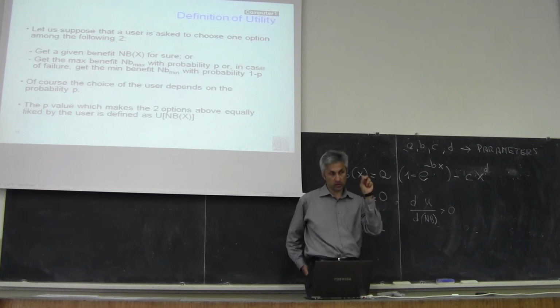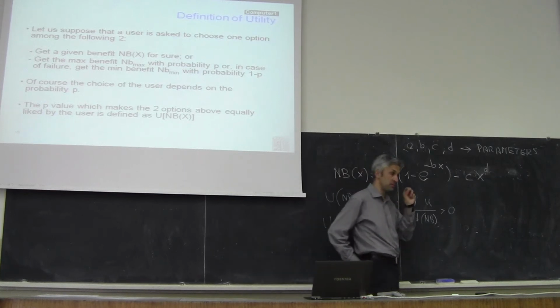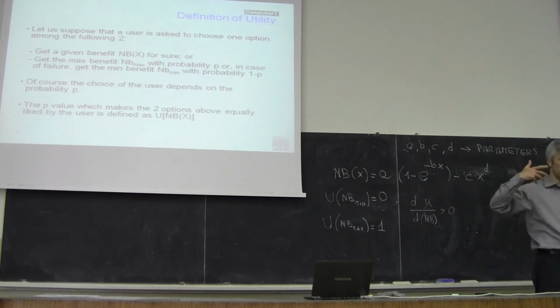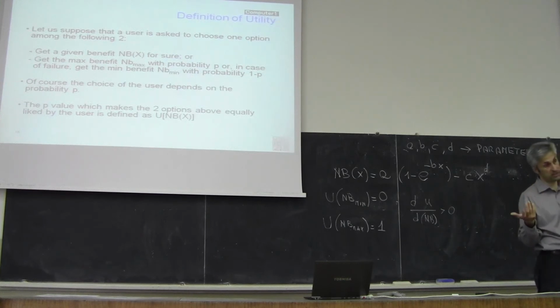And you can also understand that the judgment of the user on whether or not the two solutions are equivalent depends on the propensity or adversity to risk by the user. You may find a user that is very prudent, and then you will need a very high p-value to get to a situation where it doesn't matter one or the other solution.